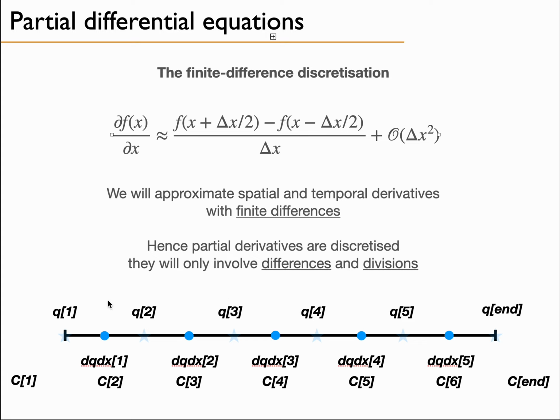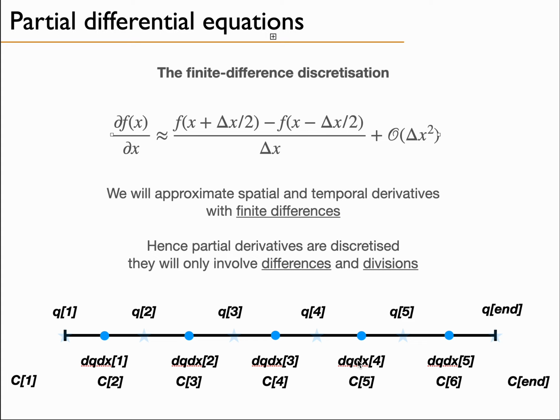Here you see a 1D axis where the stars here are representing the flux points. So we have here 6 flux points along this 1D axis with 6 stars. And the dots here are centroid of each of the model cells. We will have dq dx located at each centroid.